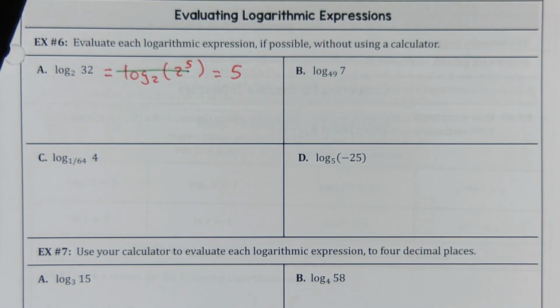Now, is 7 a power of 49? Well, technically, yes, it is. What relationship did the numbers 49 and 7 have with each other? 7 times 7. Basically, 49 is 7 squared. So then 7 is the square root of 49. And the square root is an exponent.